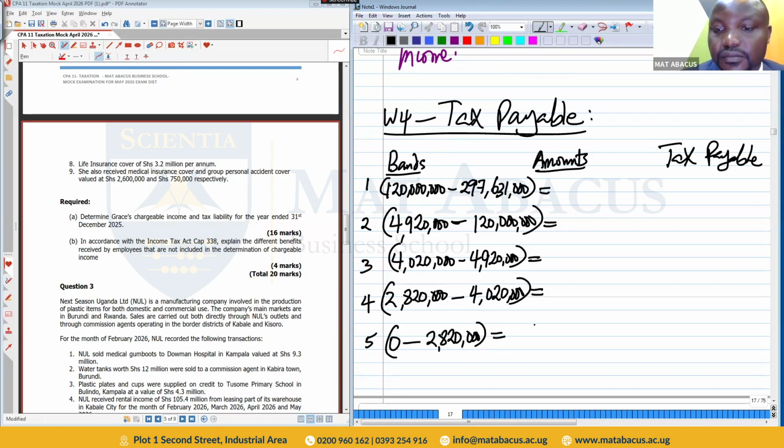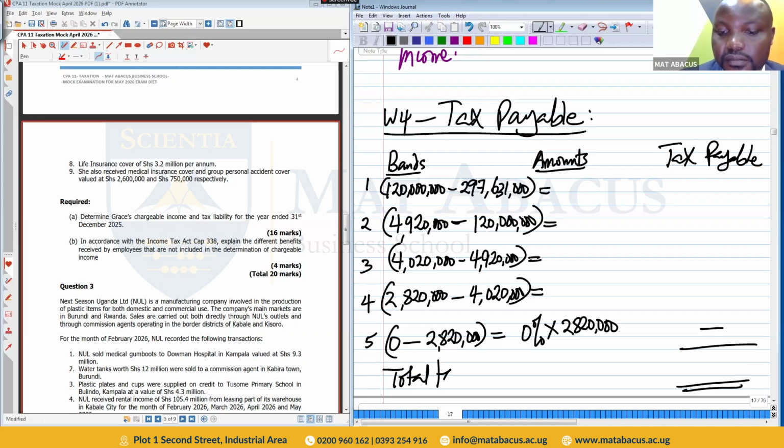This one is taxed at 0%. We shall have 0% times 2,820,000. The tax will be 0. At the end of the day, we need to determine the total tax liability.